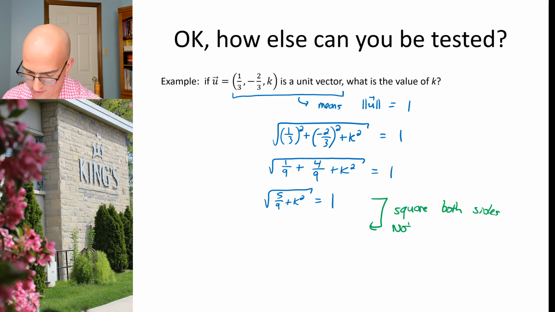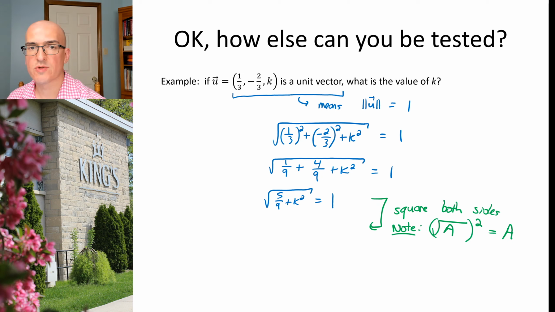And note that the square root of something, all squared, is just equal to that thing. Squaring something gets rid of square roots. That's why we're doing it. We want to make that square root disappear.